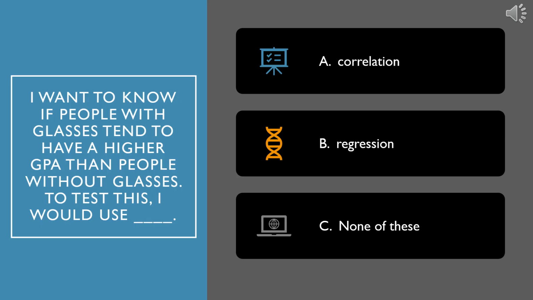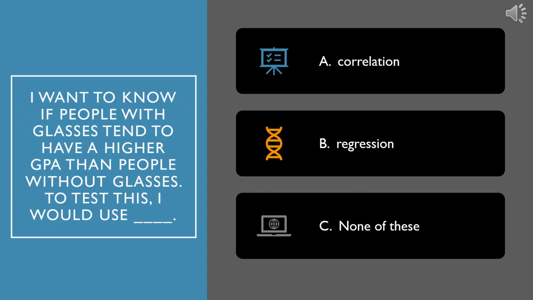Okay, I want to know if people with glasses tend to have a higher GPA than people without glasses. To test this, I would use, well, it's actually none of these. So correlations measure natural associations between two variables. However, you have to have two numeric variables in order to do a correlation.